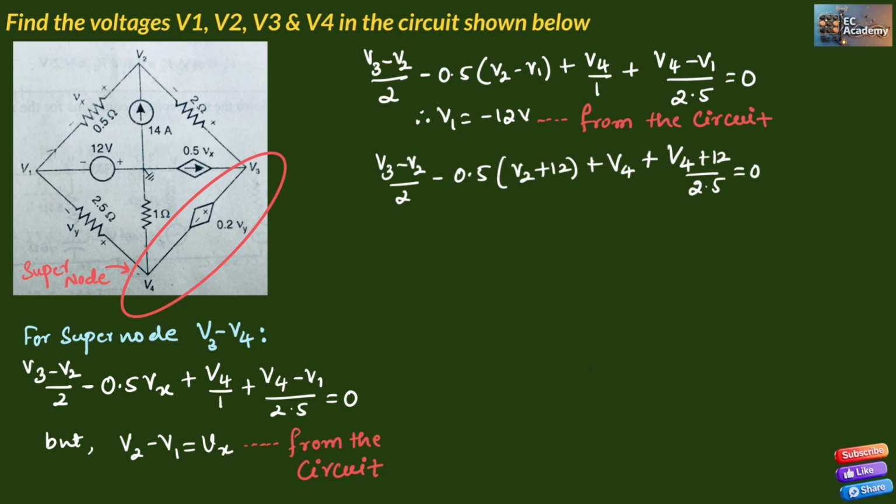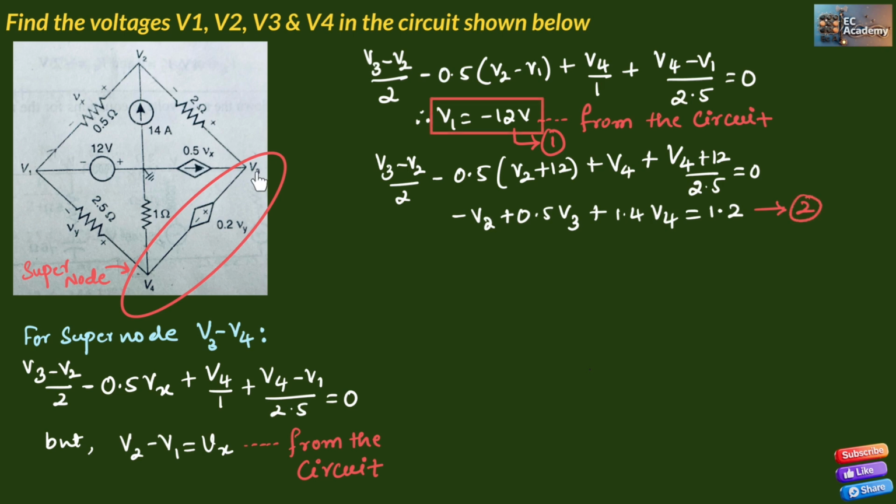If we simplify and rearrange the equation, we will get minus V2 plus 0.5 V3 plus 1.4 V4 will be equal to 1.2. Now let us consider V1 is equal to minus 12 volt as equation number 1, and let us consider this equation as equation number 2.